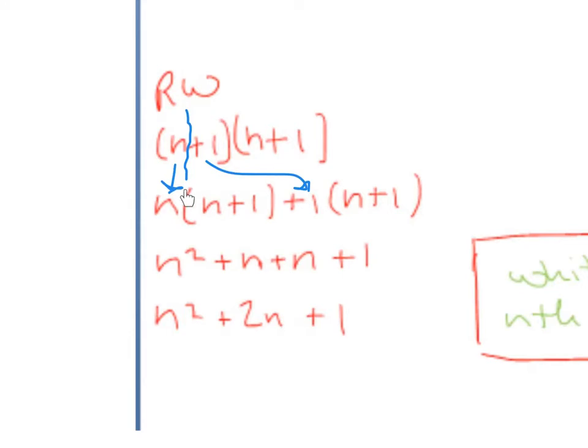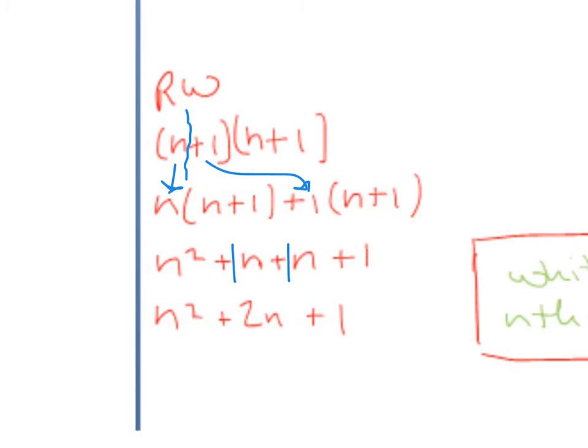Then we multiply out the brackets. N multiplied by n is n squared, n multiplied by 1 is 1n, or just n. 1 multiplied by n, again, is 1n, or just n. I'm actually going to stick in the 1s, because it's no harm to see them. And then 1 multiplied by 1 is 1. Be careful, don't add. Don't say 1 plus 1 makes 2. We're multiplying.